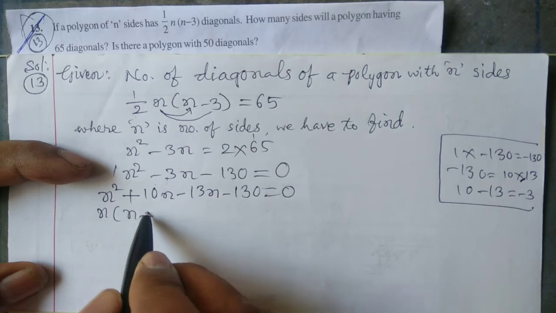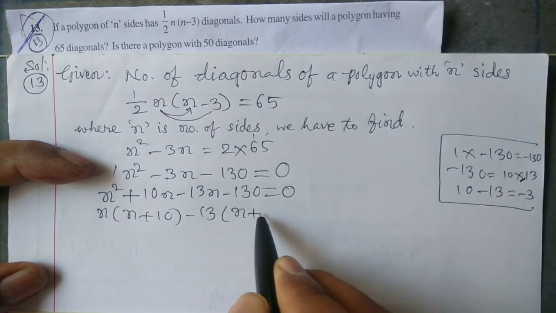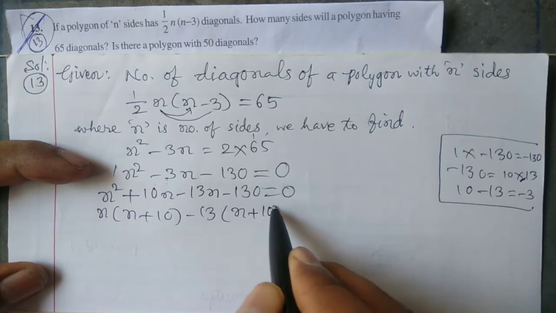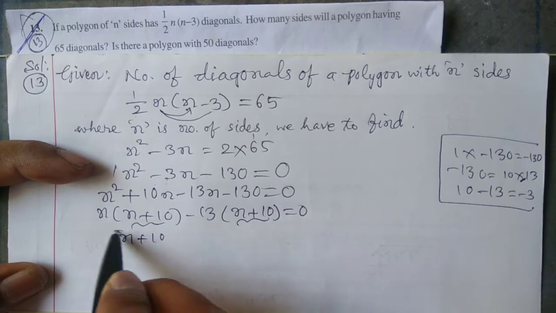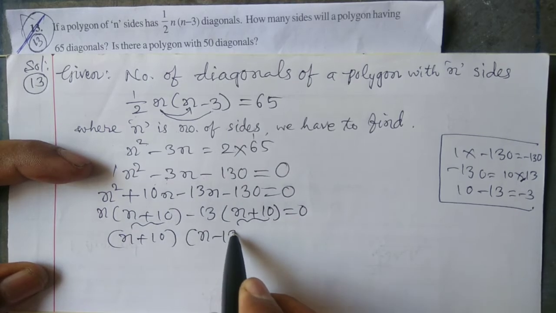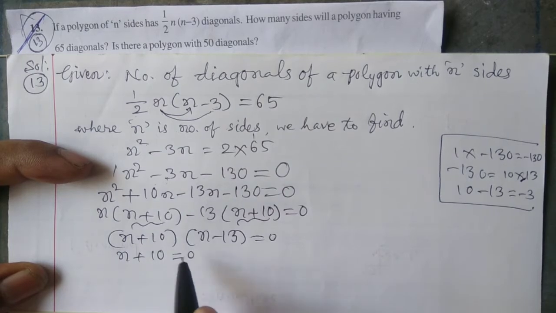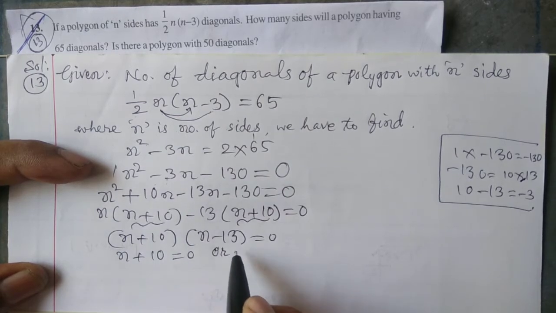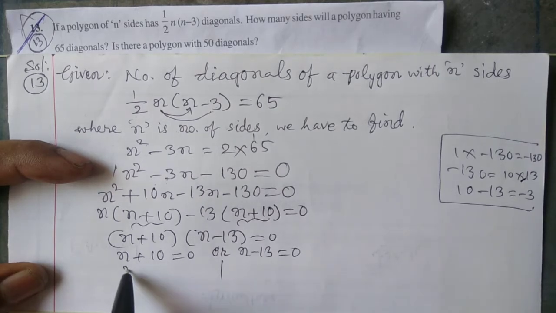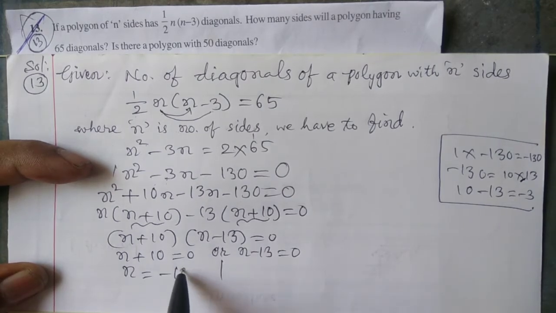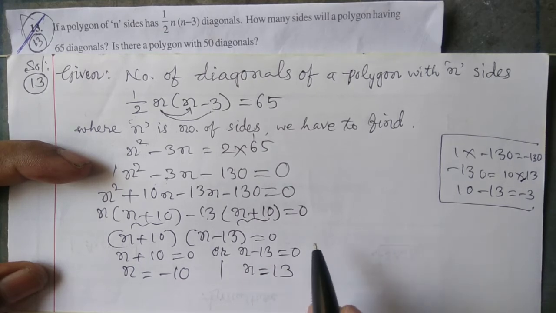n is common, n plus 10; minus 13 is common, n plus 10 is equal to 0. n plus 10 is common, into n minus 13 is equal to 0. n plus 10 is equal to 0, or n minus 13 is equal to 0. n is equal to minus 10, n is equal to 13.